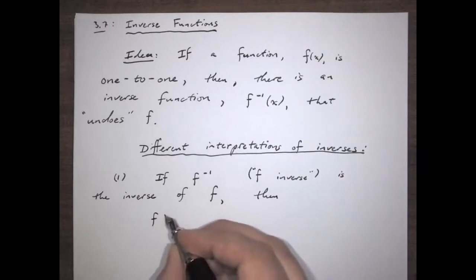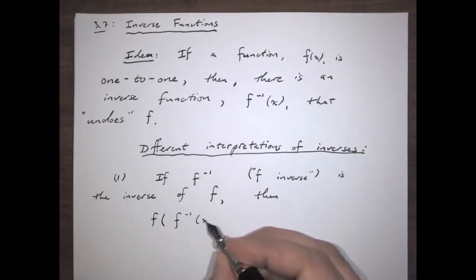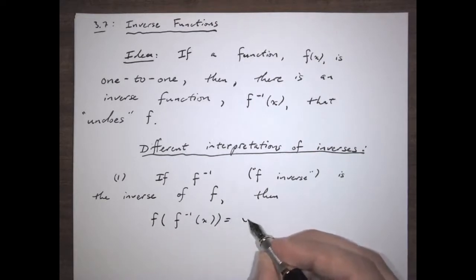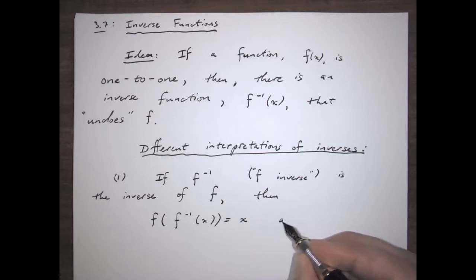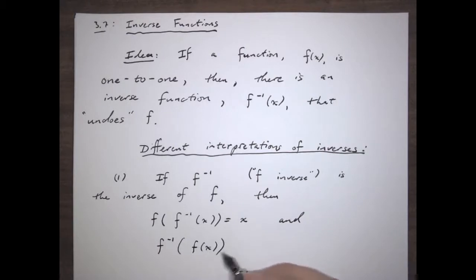f composed with f inverse of x, they cancel each other out, they undo each other, and you just get x. And f inverse composed with f of x just cancels out and leaves you with x.